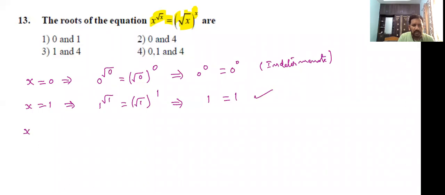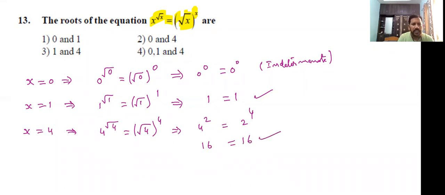Now go to another value, 4. Substitute 4 power root 4, and root 4 whole power 4. 4 power root 4: root 4 means 2, so 2 power 4, that is 16. Root 4 whole power 4 is 2 power 4, which is 16.